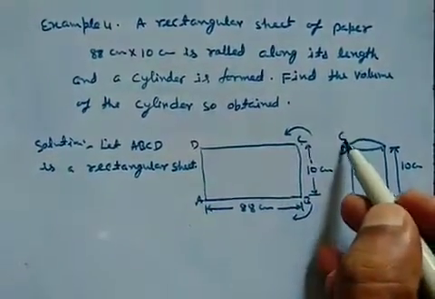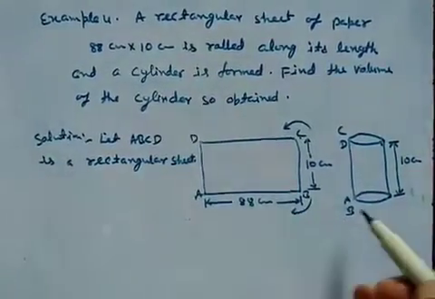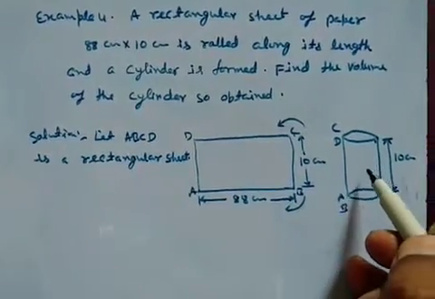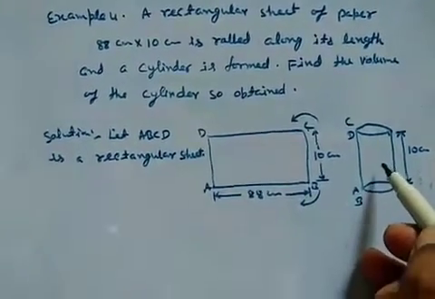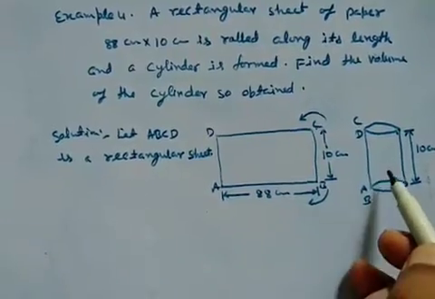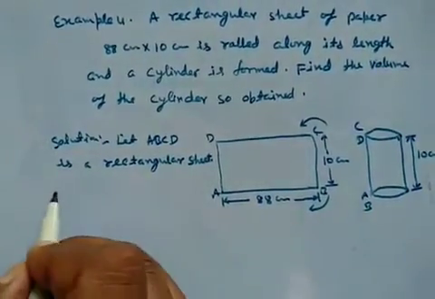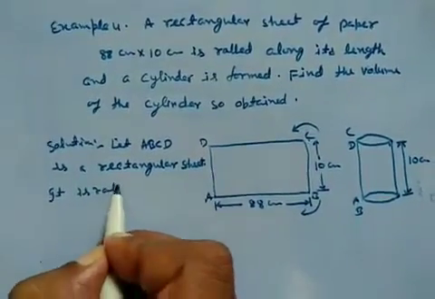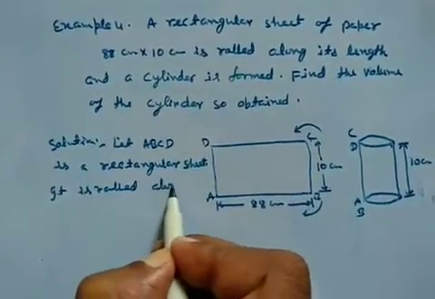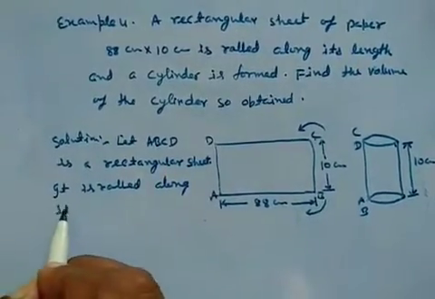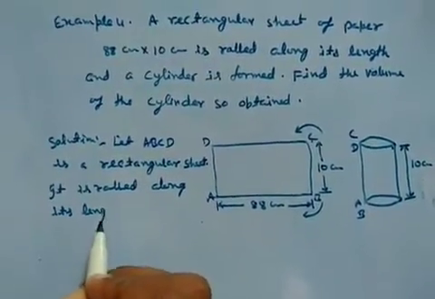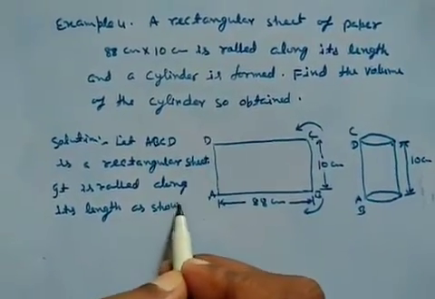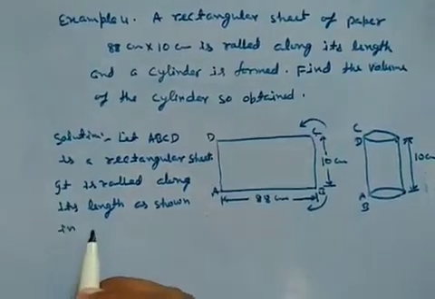Point C comes here and point B comes here, and after that this becomes a cylinder like this. It is rolled along its length as shown in the figure.